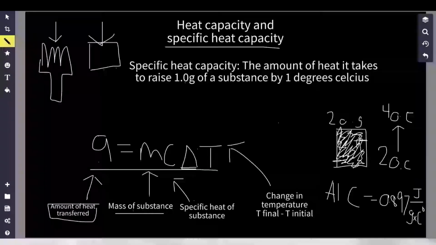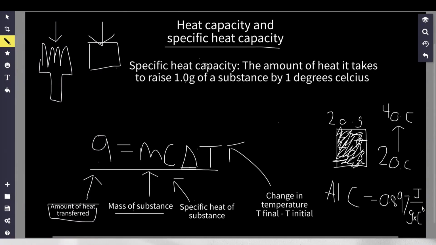Specific heat capacity is just the amount of heat it takes to raise 1 gram of a substance by 1 degree Celsius. Things that absorb heat fast have a low specific heat capacity, and things that don't absorb heat as well, like a piece of glass, have pretty high specific heat capacities.